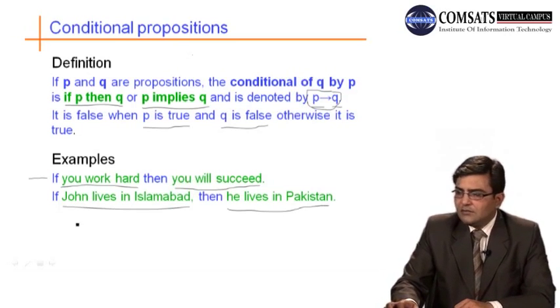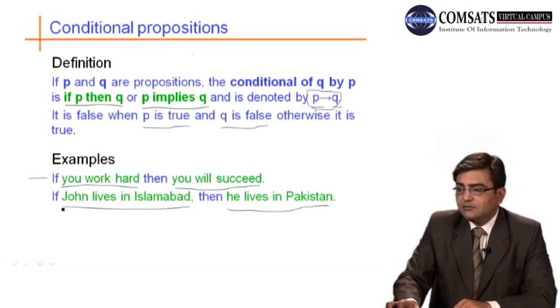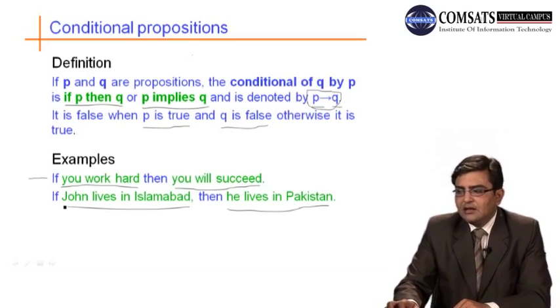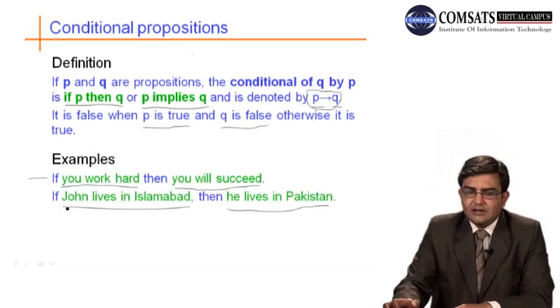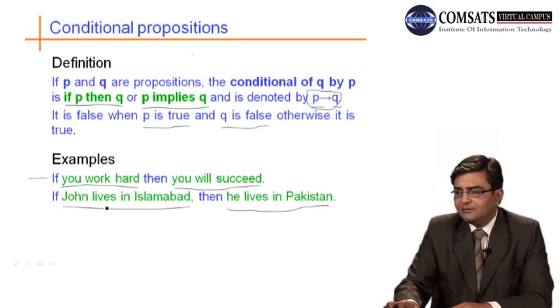If the conclusion is true, if John lives really in Islamabad, then he lives in Pakistan, then this conditional statement is true. But if we say that John lives in Islamabad but he doesn't live in Pakistan, then this conditional statement will be false.